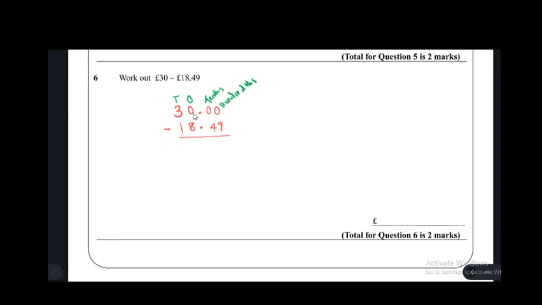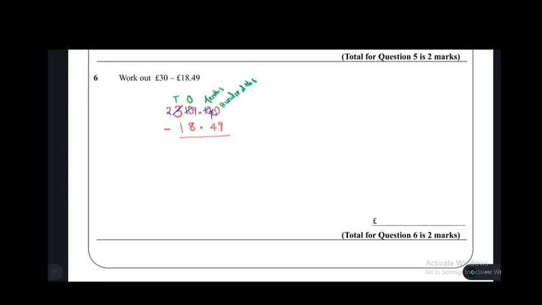In the tens place value, I'm going to borrow a 1, and when I borrow 1, I'll remain with 2 here. It will take 10 to the other side, and then I remain with 9.